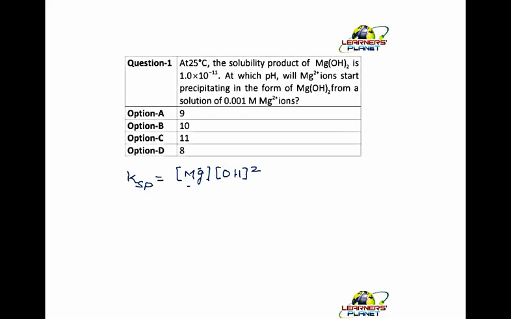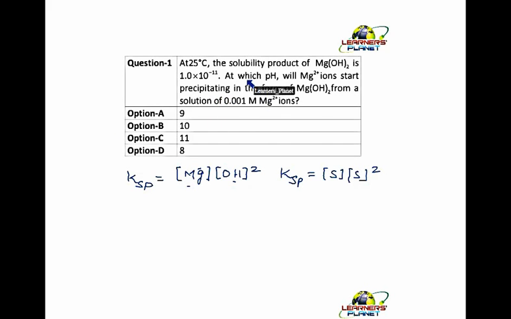If I take this concentration in terms of solubility, it would be Ksp is equal to S into S square, right? So what is S? S is the molar concentration of that particular ion in its saturated solution, right?